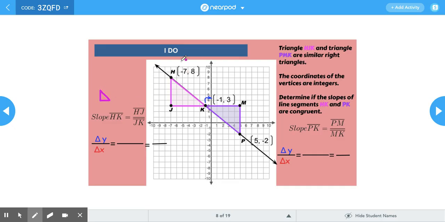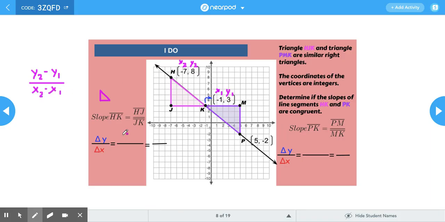And so I'm going to label my points. Negative 7, 8: I'm going to say that negative 7 is x2, that 8 is y2. For K, I'm going to say that negative 1 is x1, and then 3 is y1. And of course, I'm going to subtract my y2 minus my y1 over my x2 minus my x1.